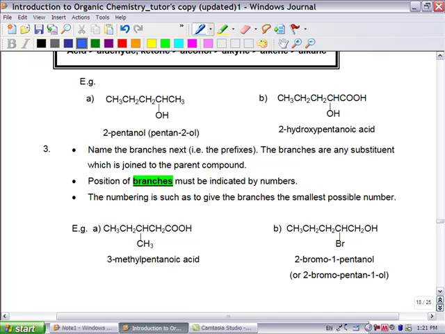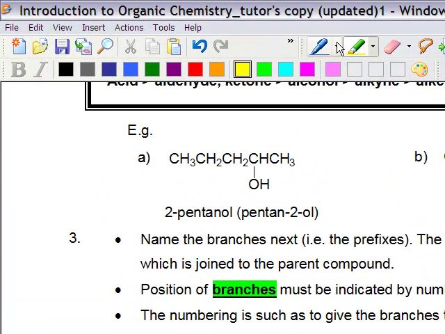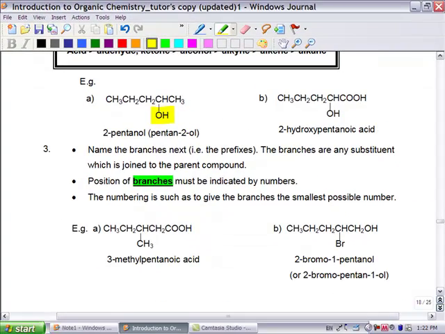What is a pentanol? How do we know that it's a pentanol? Let us look at the numbering system. Here we have an alcohol. So the alcohol takes precedence over an alkane. Hence, it is not a hydroxyalkane, but ends with -ol to show that it's an alcohol.